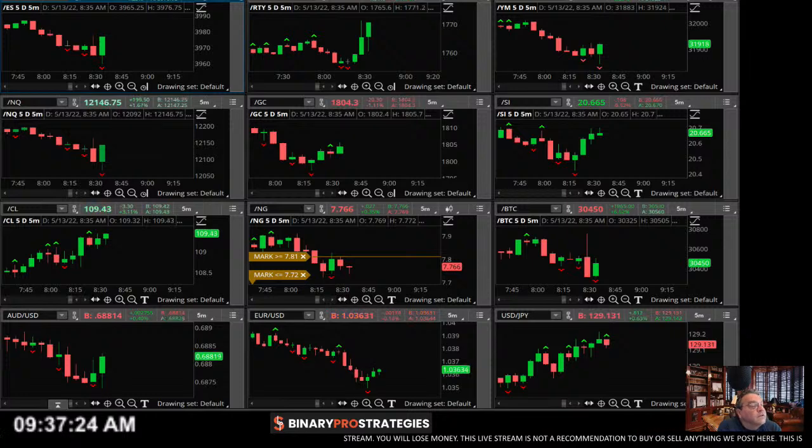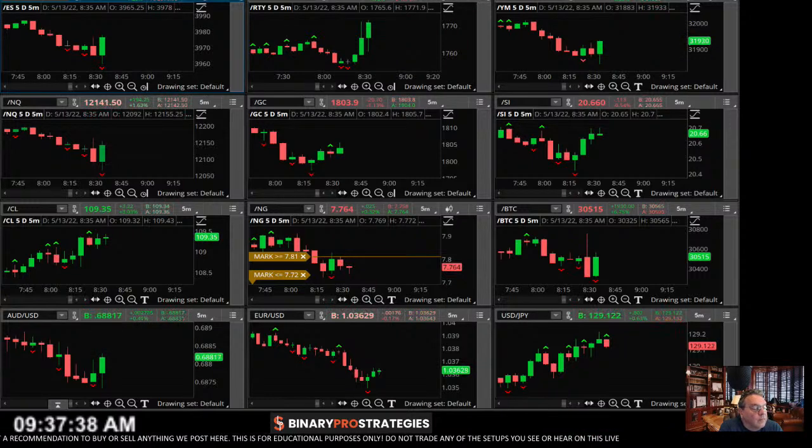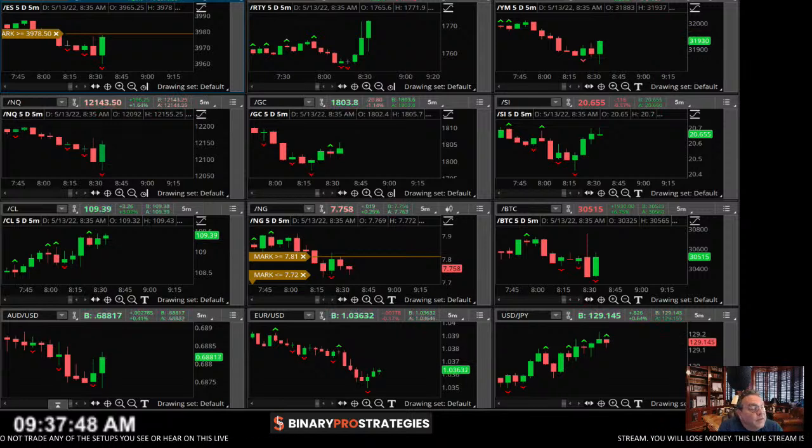Target on ES is going to bring you up to 39.78 and a half, and it's running fast. If it doesn't hit 39.78 and a half first, reversal is going to be 39.59.75.